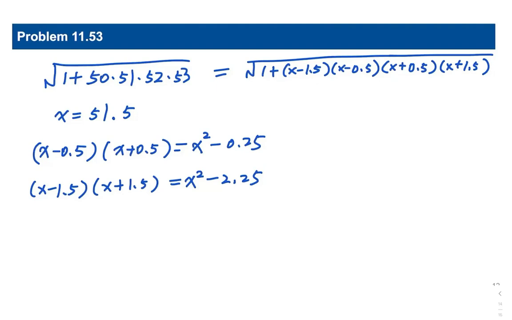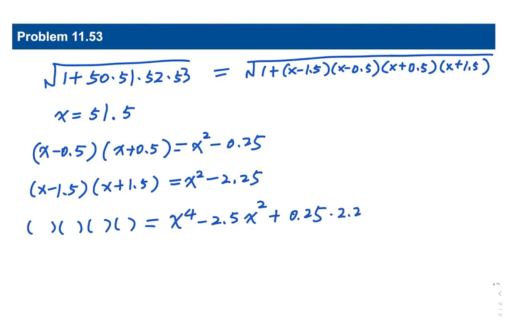Multiply them together. We get x to the power 4 minus 2.5 x squared plus 0.25 times 2.25. This number is 1 over 4 times 9 over 4, which is 9 over 16.